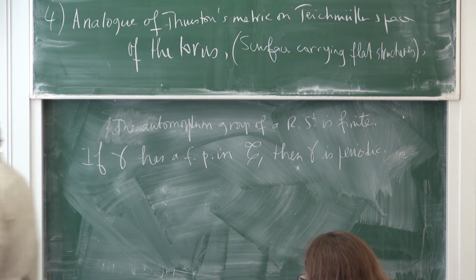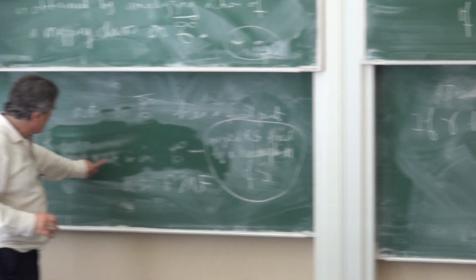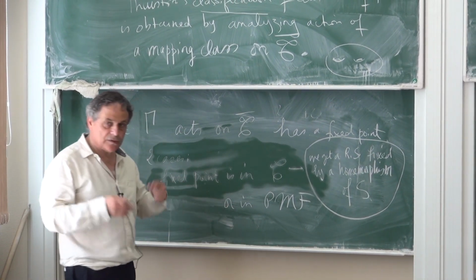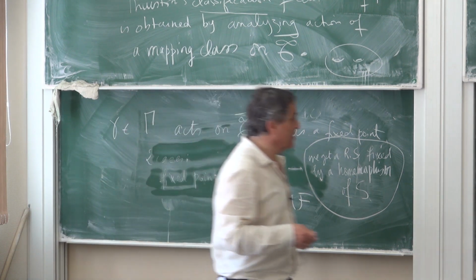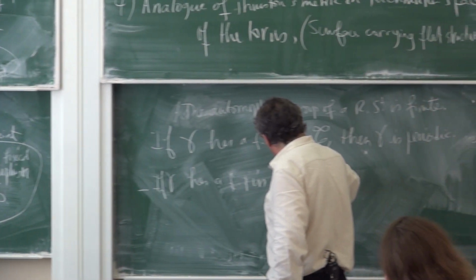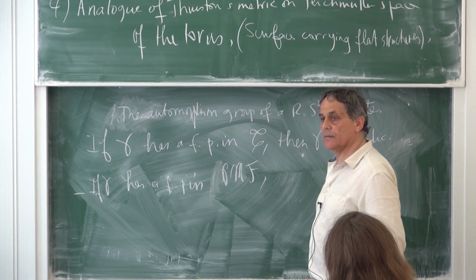Of course the two things are not disjoint. It can have a fixed point in the interior, and also a fixed point on the boundary. The next thing, so let's say now, if gamma has a fixed point in PMF, then there are closed leaves.